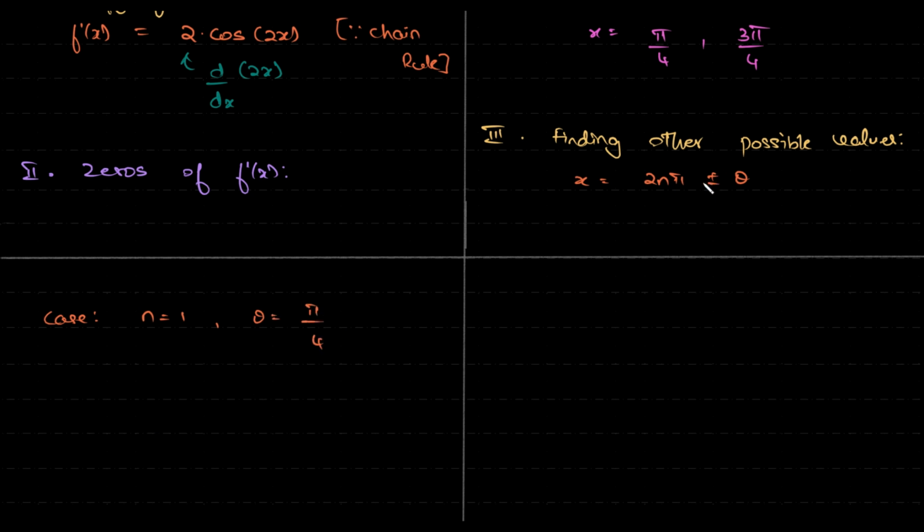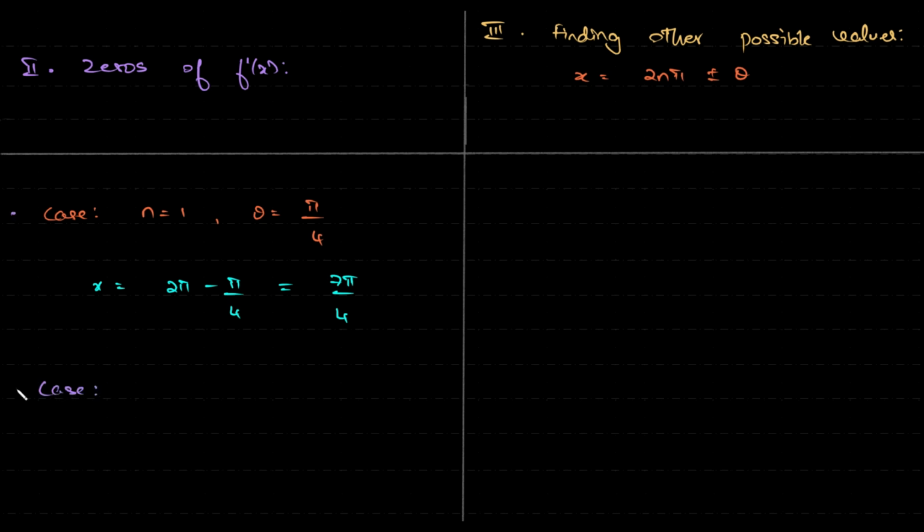We will not take plus theta because it will be more than 2 pi. So x is equal to 2 pi minus pi by 4, which solves to 7 pi by 4. So that's one of the values.